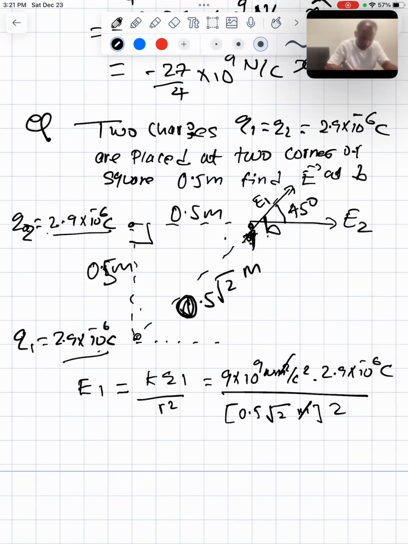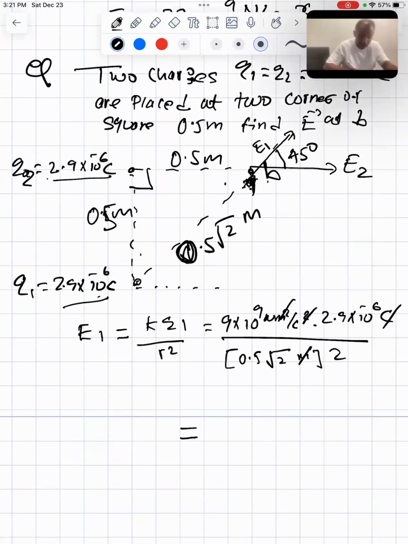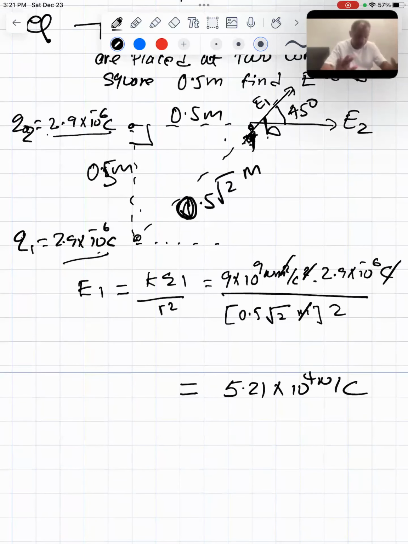Meter squared cancels meter squared, Coulomb cancels Coulomb. So do the algebra. It's going to be 5.21 times 10 raised to 4 Newton per Coulomb. There is no problem here, but the electric field E1 doesn't have a single direction, because it has an x component and a y component. Just leave it for now.